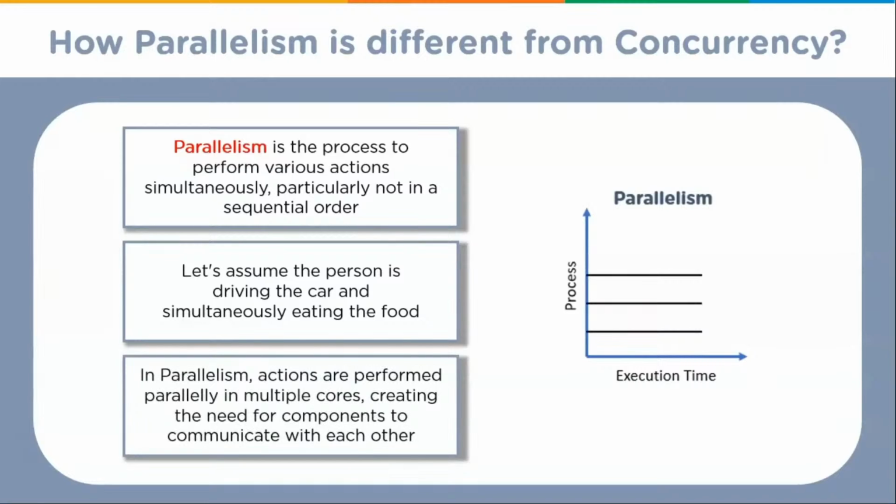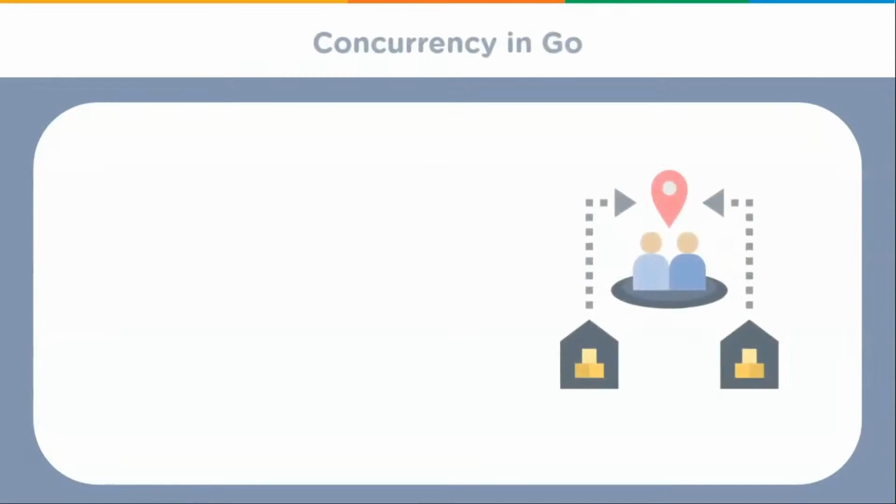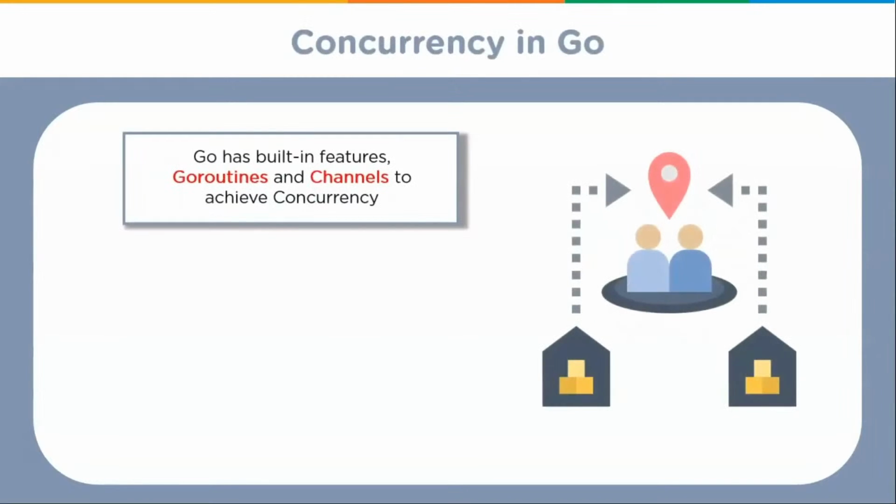Parallelism doesn't always result in faster execution time. In parallelism, actions are performed parallelly in multiple cores, creating the need for components to communicate with each other, whereas concurrent systems have a low communication overhead. Now, understanding the differences, we will head to understand concurrency in Go. Popular programming languages like Python and Java use thread pools to execute concurrency, whereas Go has built-in features, goroutines and channels, to achieve concurrency.